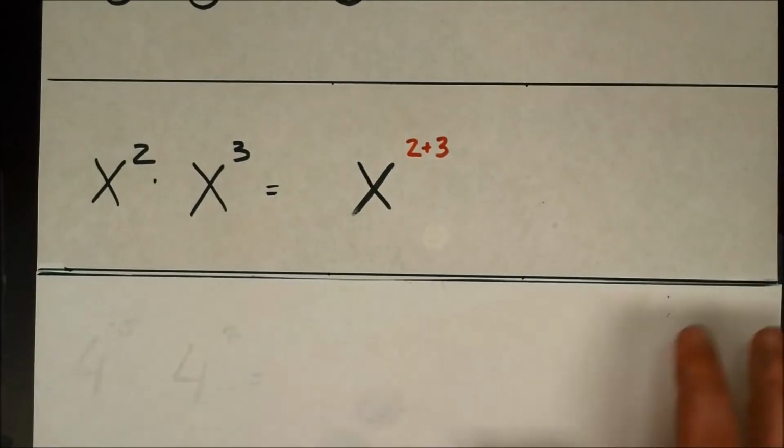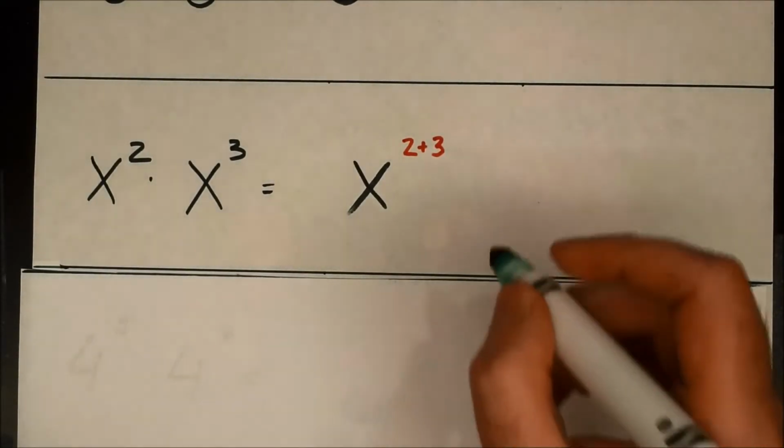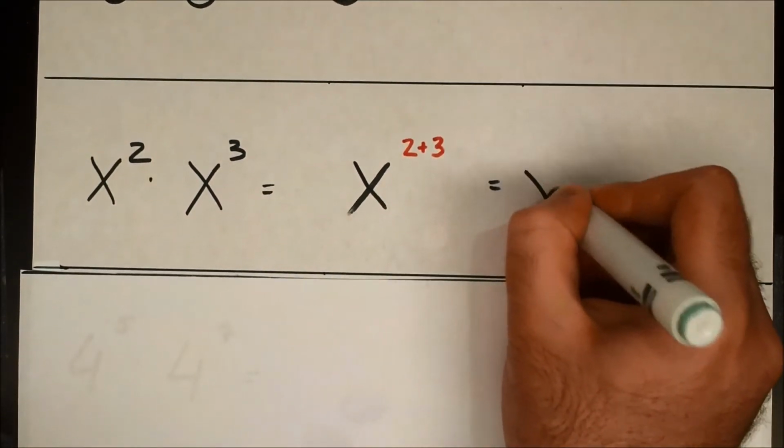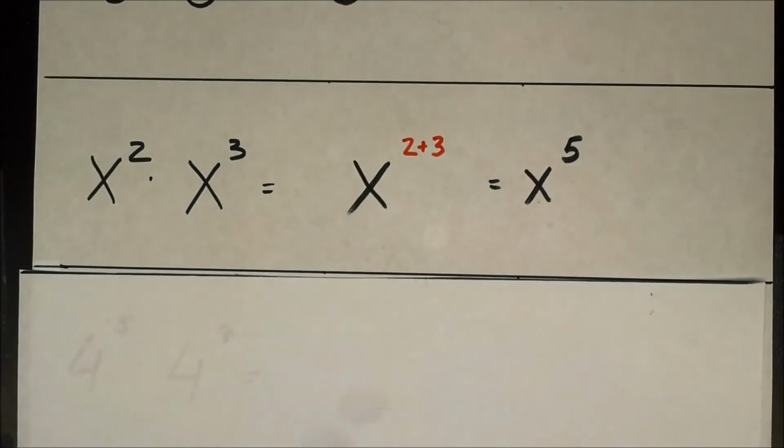As such. And that's not so bad. What's 2 plus 3? That's 5. And that's the answer. It really can't get any easier than this.